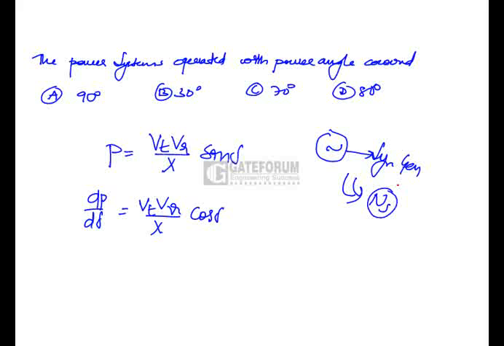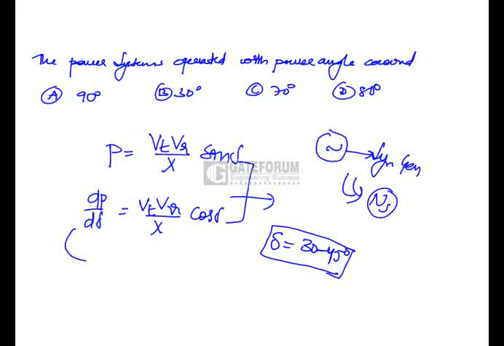So we have to maintain the power angle delta such that sine delta and cos delta are equal, around 30 to 45 degrees. Exactly at 45 degrees they are both equal, but power systems generally maintain 30 to 45 degrees to provide a sufficient synchronizing coefficient as well as synchronizing power. So option B is the correct answer.